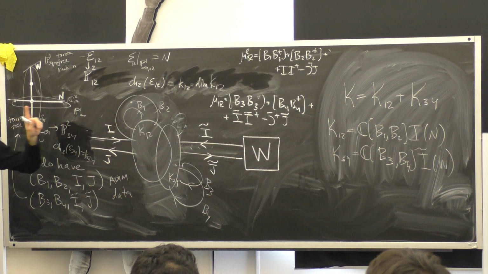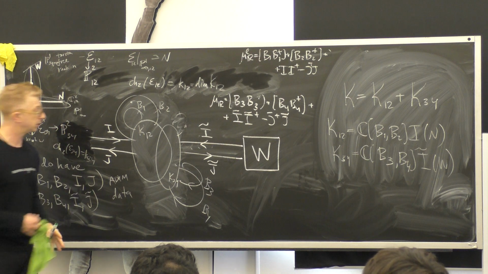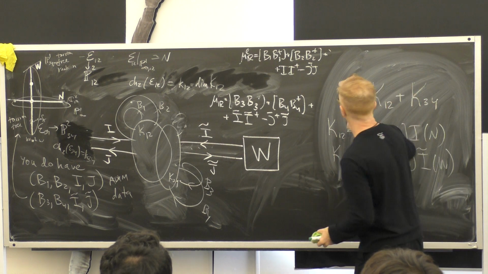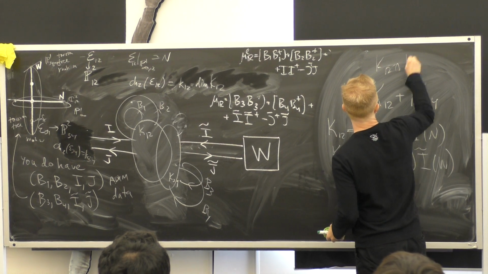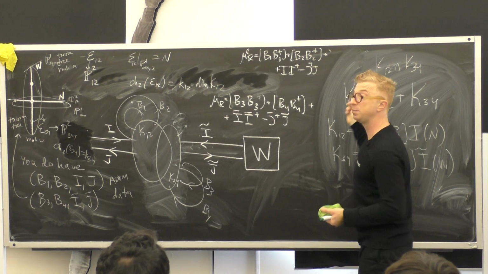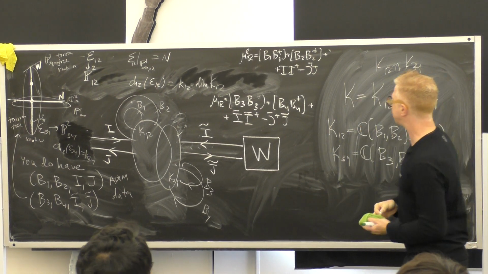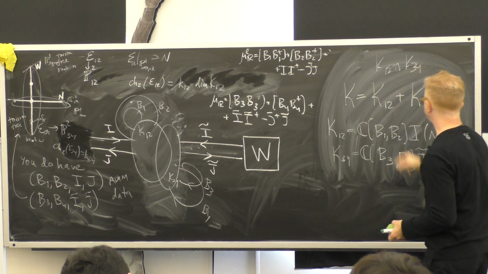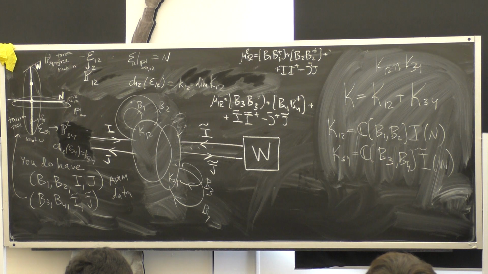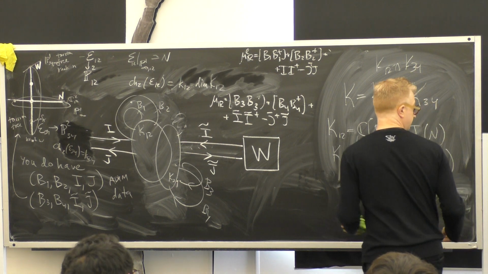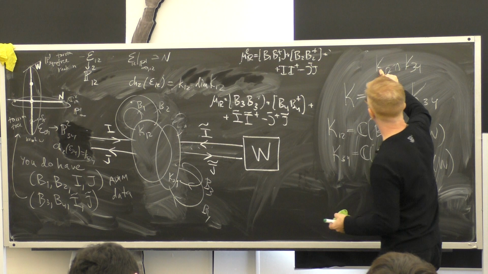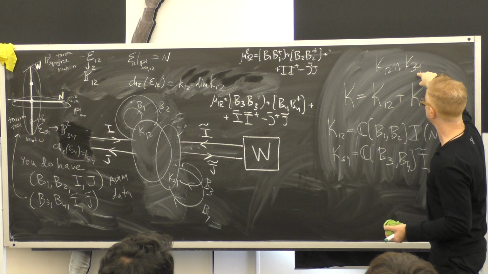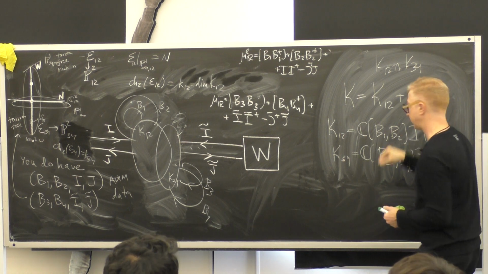But these equations describe more structure. There is an additional structure which is the intersection of these two spaces, which is possible. So K12 intersected with K34 need not be empty. And what is this space? Well, that's a space which should be annihilated: inside K12, it should be annihilated by B1 and B2, and inside K34, it should be annihilated by B3 and B4.